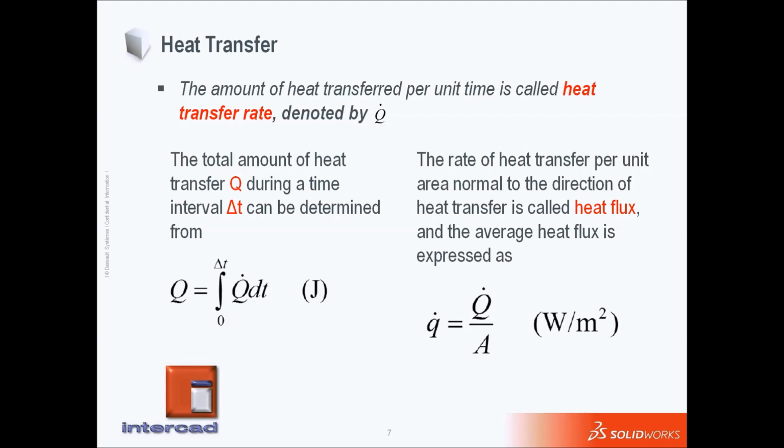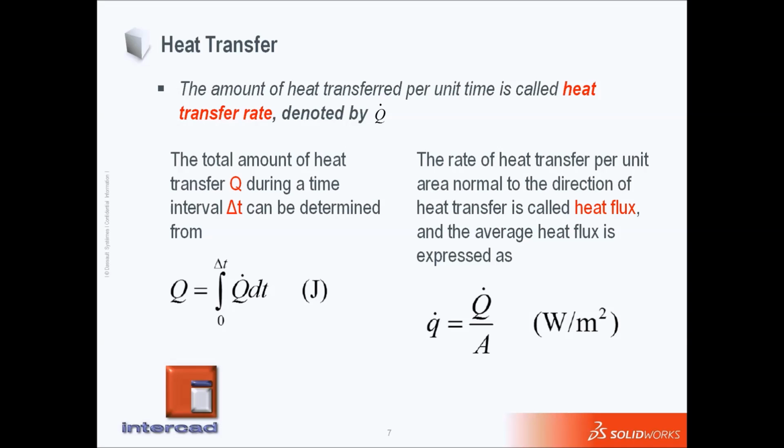We also have some terminologies in this area of study. The amount of heat transfer per unit time is called heat transfer rate. So basically, rate means per time, and we denote it by Q dot. But if we are interested in the heat transfer rate per unit area normal to the direction of heat transfer, we call this heat flux.